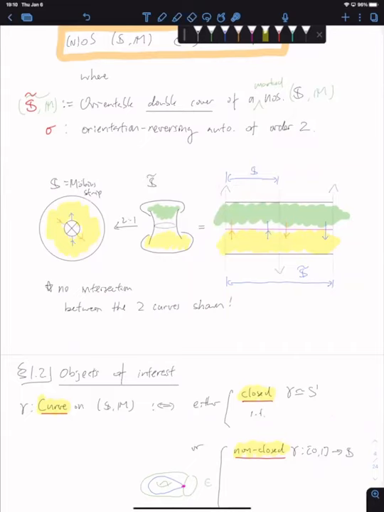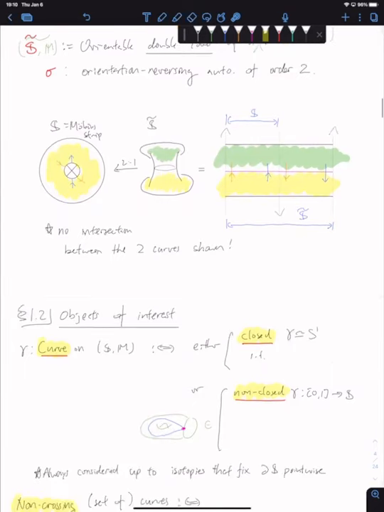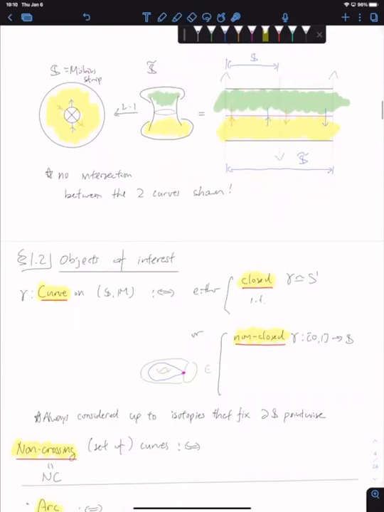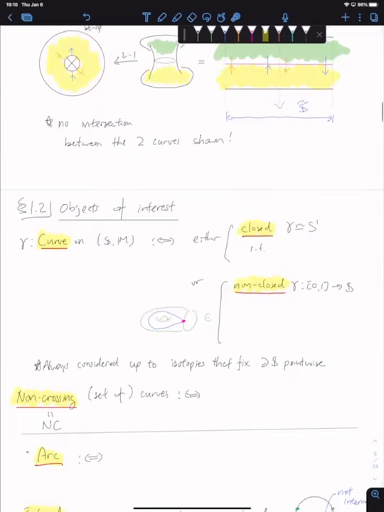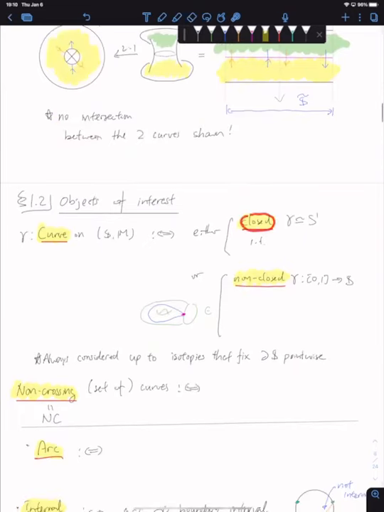Right. As I said, I want to categorify curves and triangulations. So what are they? I want to be specific about what I mean by curves. Whenever I say a curve from now on, it means either a closed curve or a non-closed curve. A closed curve has no distinguished endpoint.